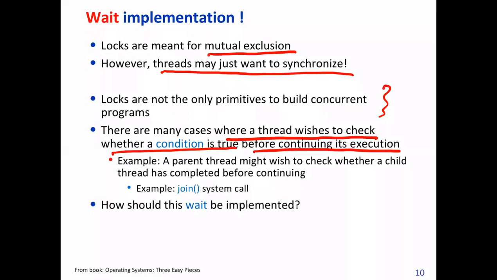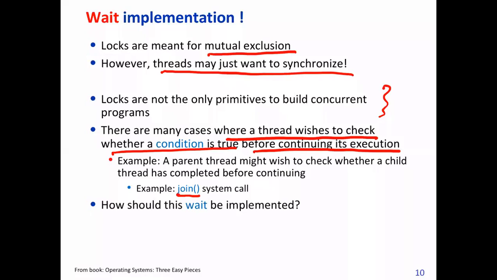So a thread may wait on a condition and then continue. If the condition is not met, it will block, otherwise it will continue. For example, in the simplest join call, a parent thread waits for a child thread to complete, or a parent process waits for a child process to complete or die, and then it can continue from there.